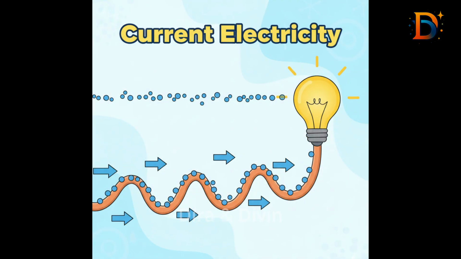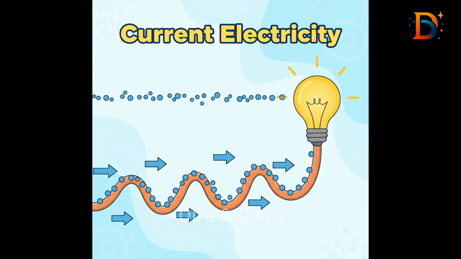Current electricity. Current electricity is the kind we use all the time. Remember those moving electrons? When we make them move in a steady flow, usually through a path like a wire, that's current electricity. Think of it like a river.